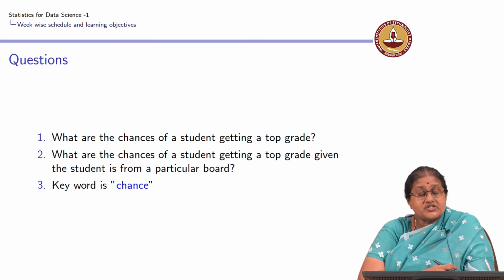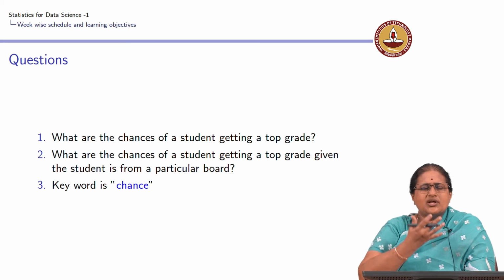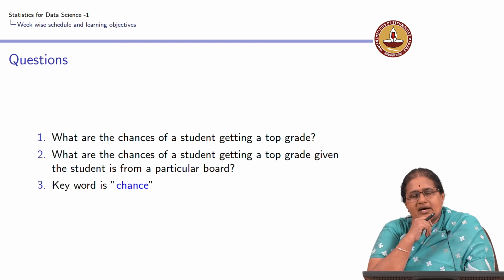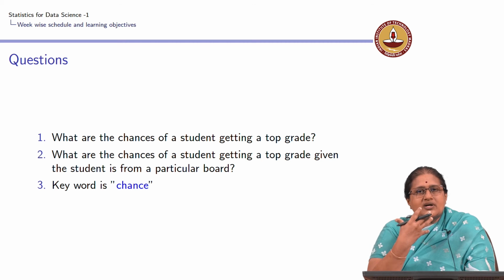From an administration's point of view, you might ask what is the chance of a student being a topper, conditioned on the fact that they come from a particular region or belong to a particular gender. There are a lot of questions you would want to ask, where the key word is chance.